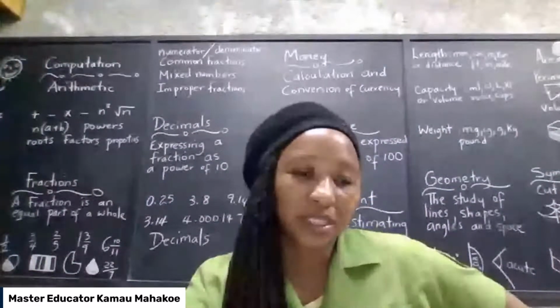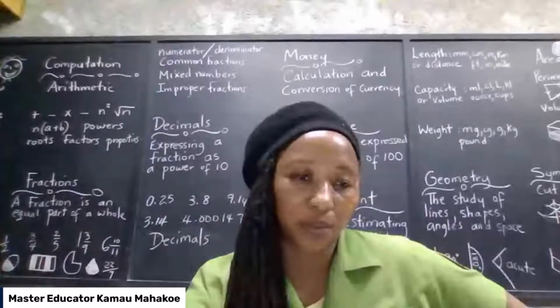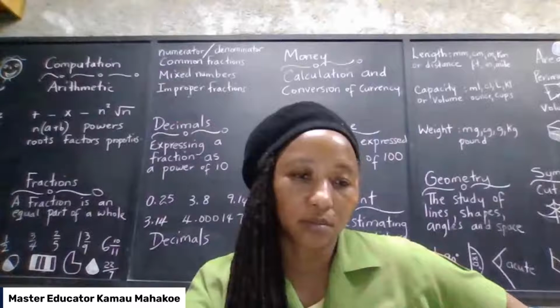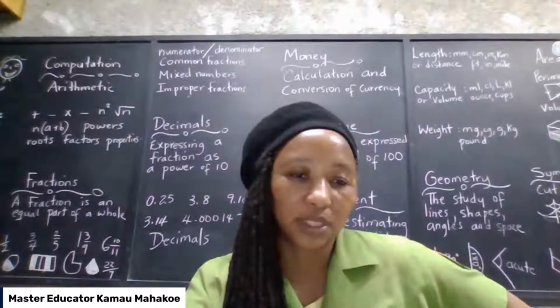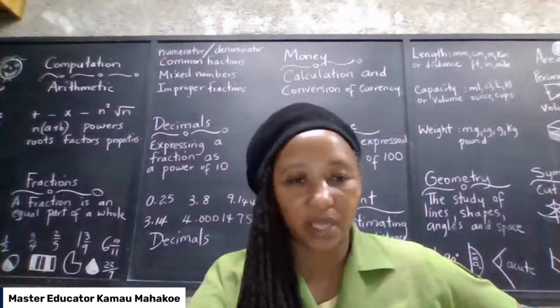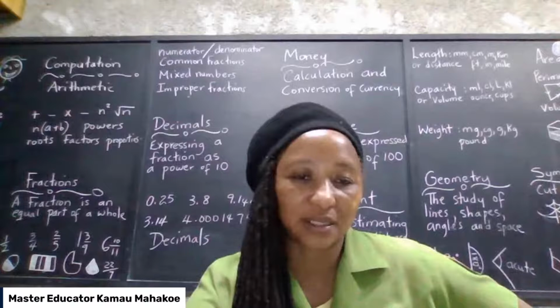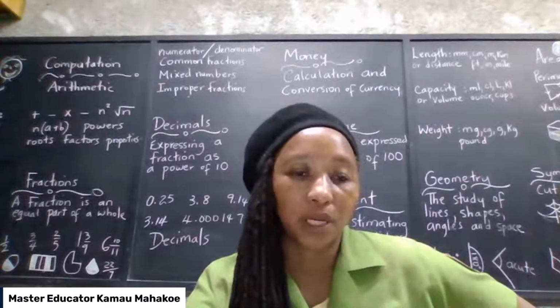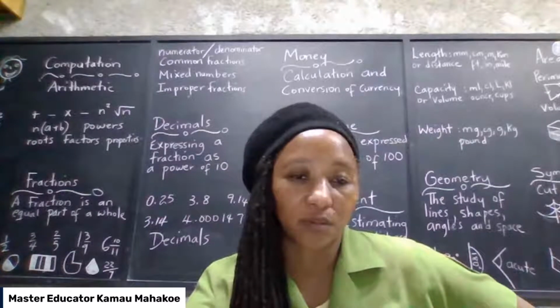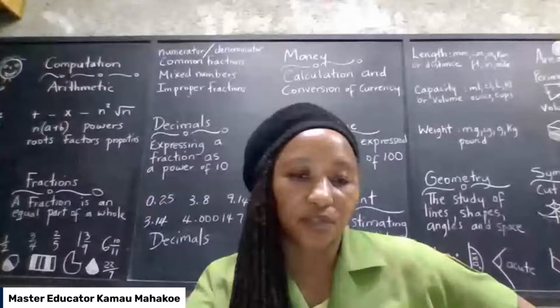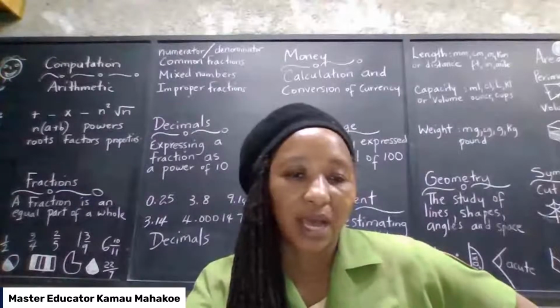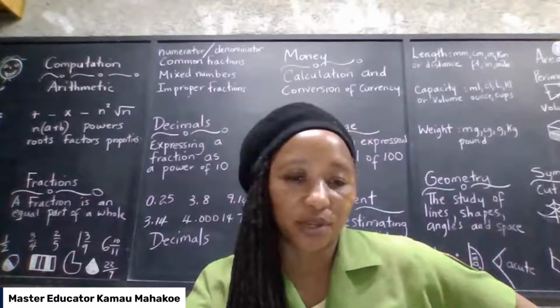So the amount accruing then would be the 1,000 that was invested plus the $300 interest, and that would be 1,300.